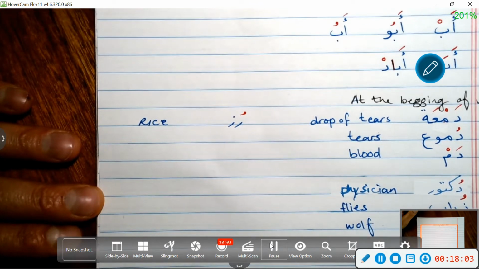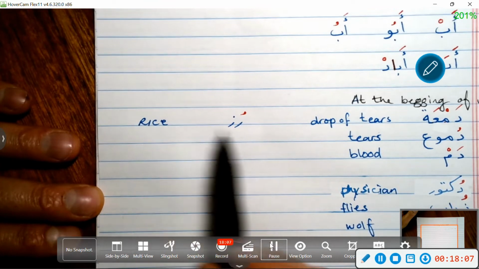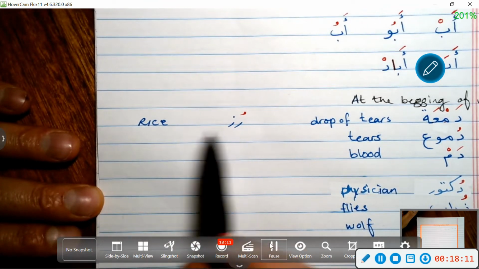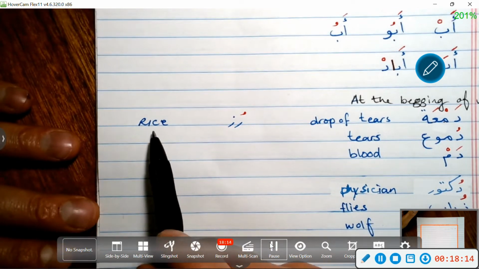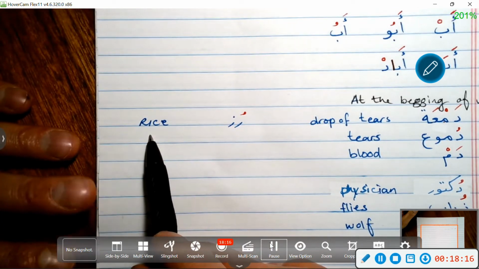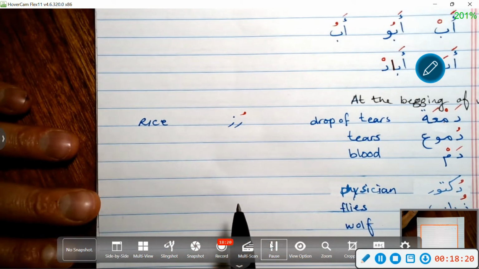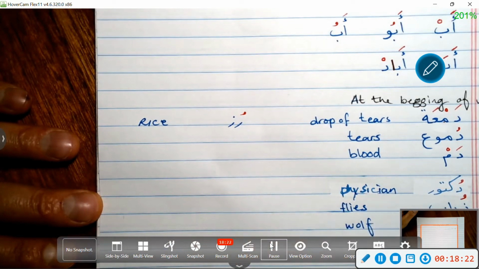And as you see, it's the same spelling. They sound the same, Ruz and rice, because the word rice originally came from the Arabic, Ruz. And the word in Fusha is aruz, but we're going to use Ruz right now here because this is the spoken Arabic.